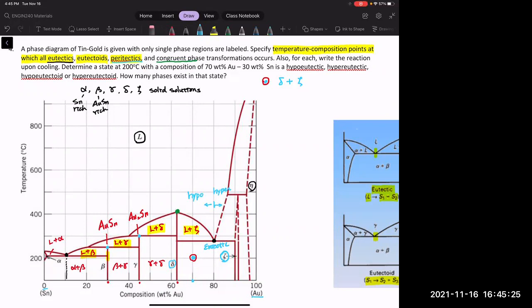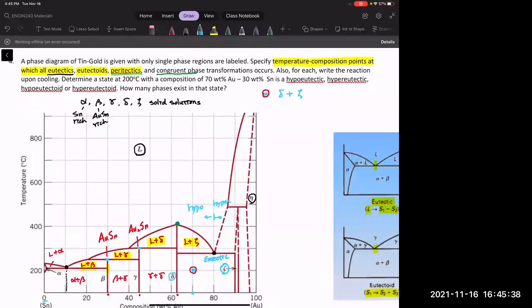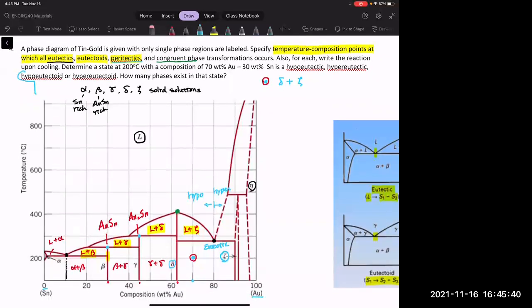So if the tin composition is less than eutectic, it's a hypo. If it's more, it's the hyper. So in this case, it's on the left-hand side, so this will be the hypo, not a hypoeutectoid, but a hypoeutectic. Okay, because this is a eutectic equation. It's the eutectic point. So it would be hypoeutectic.